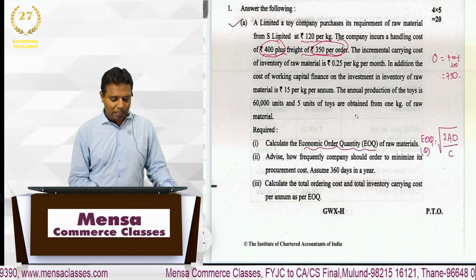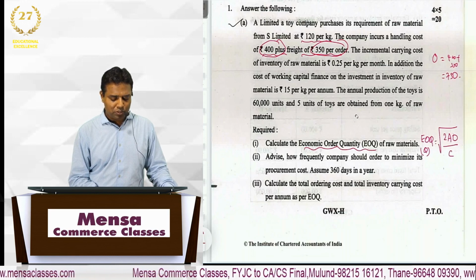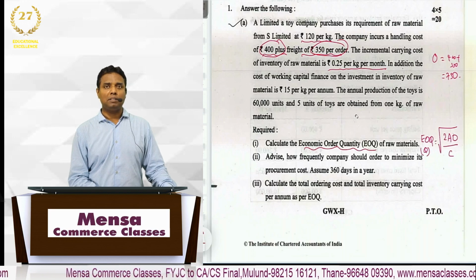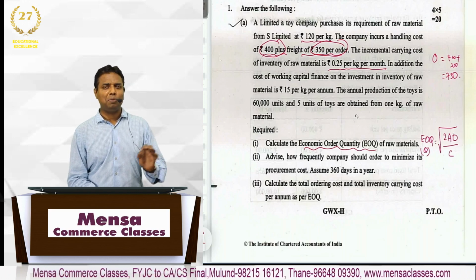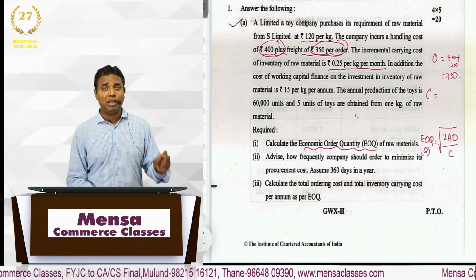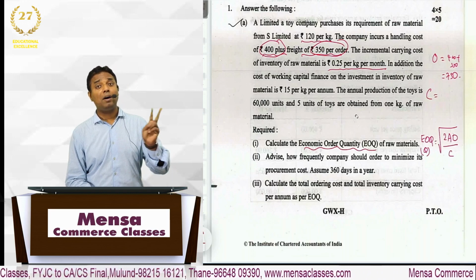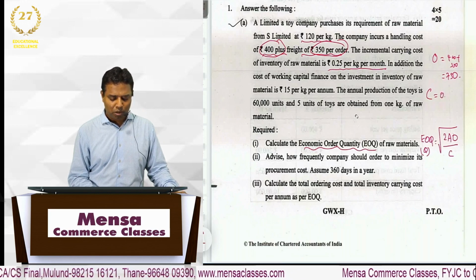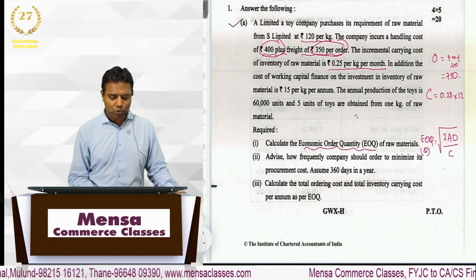The incremental carrying cost of the raw material is rupees 0.25 per kg per month. Correct? So per kg per month the carrying cost is 0.25, but we require per kg per annum. So per month you have to convert into per annum. So it will become 0.25 into 12.